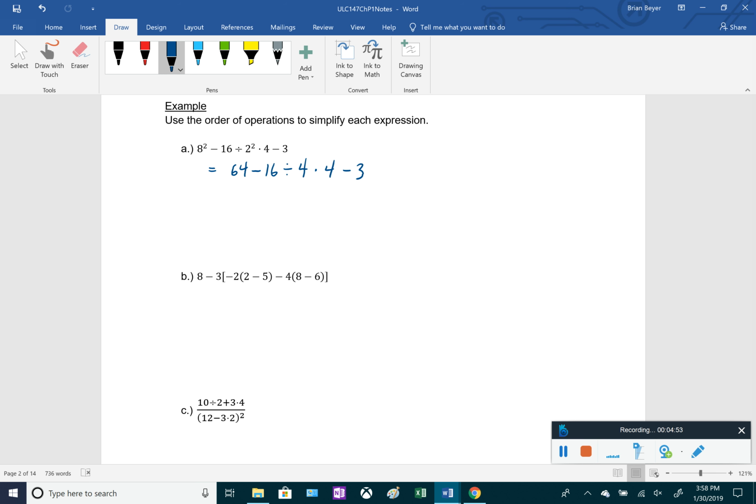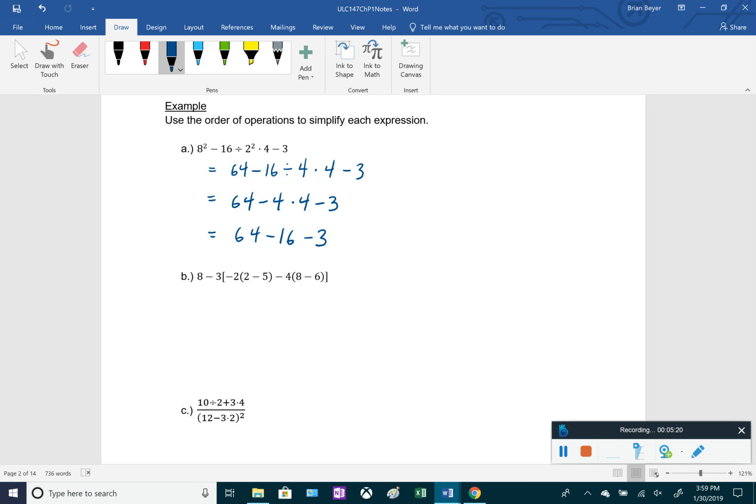Okay, so next would be multiplication or division, whichever comes first from left to right. So we have a division and multiplication, but we're going to do 16 divided by 4 first. 16 divided by 4 is 4. So now we're going to do the multiplication. 4 times 4 is 16. And now we just have subtraction.